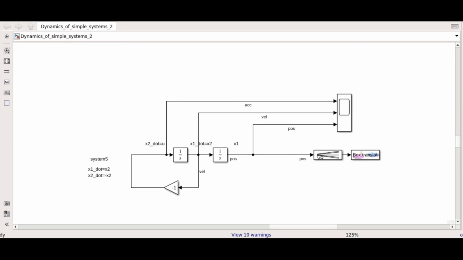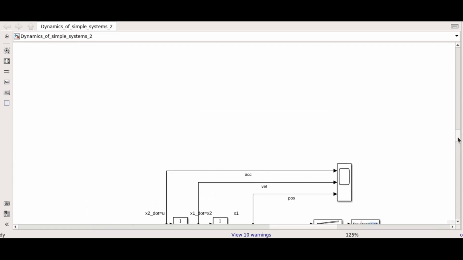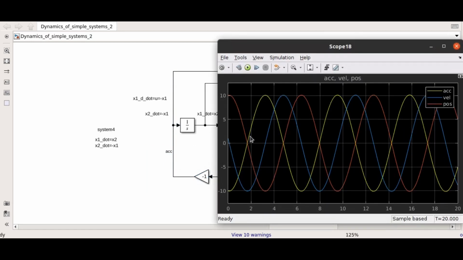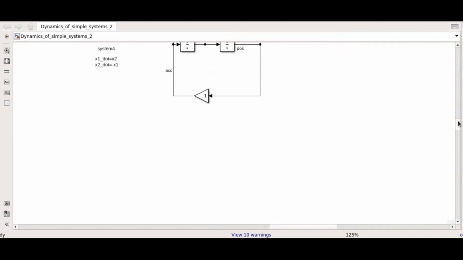So let us summarize. If you see system 4, we were taking corrective action as acceleration to the system by feeding the negative of the position. So we were able to bring the position and the acceleration to 0. In system 5, we were taking corrective action based on the velocity.